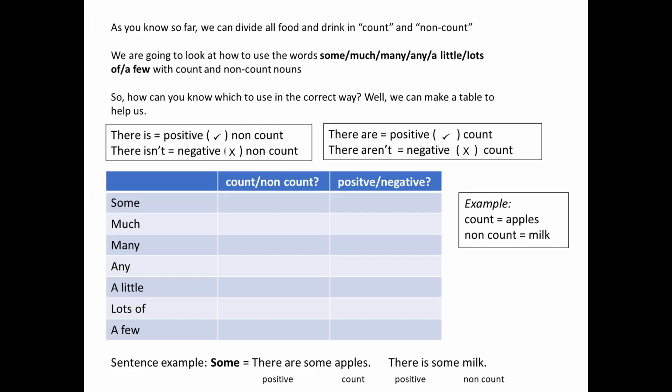Now, do you think it's possible to use some with count? So can I say some apples? Yeah, sounds right. Can I also use some with non-count? So can I say some milk? Yes, both is okay. So for some, I can make 2 sentences.